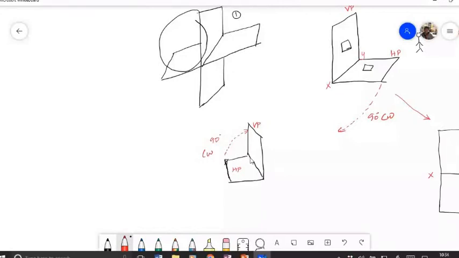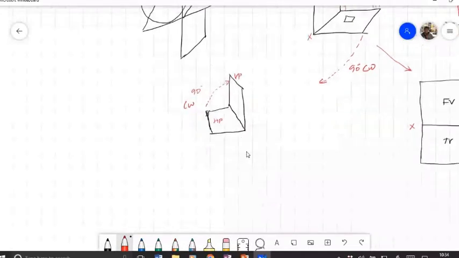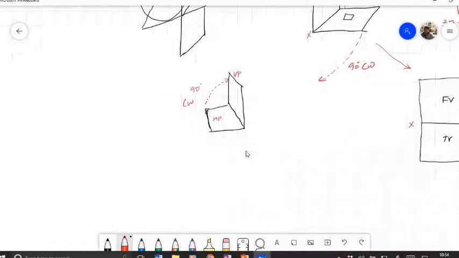If I rotate this, what will happen? The horizontal plane and the vertical plane will get overlapped. So this is the reference line, this is XY. The vertical plane and the horizontal plane both will be above the reference line. If both are above the reference line, then their corresponding views will also be there, right?